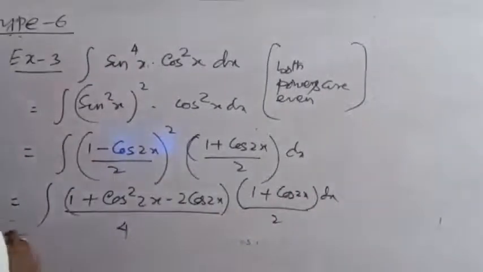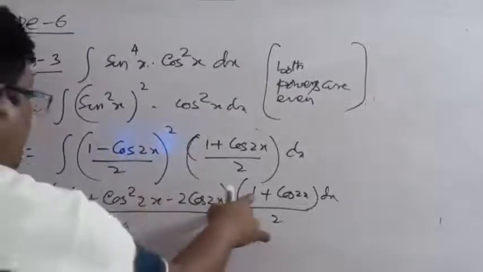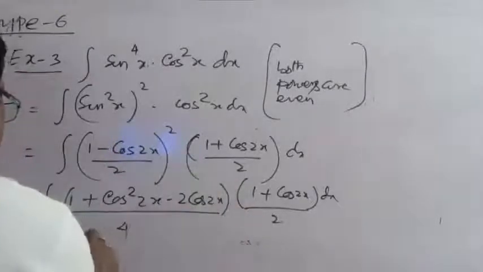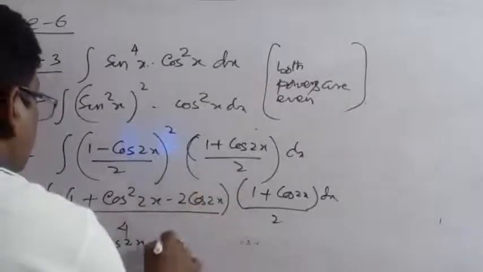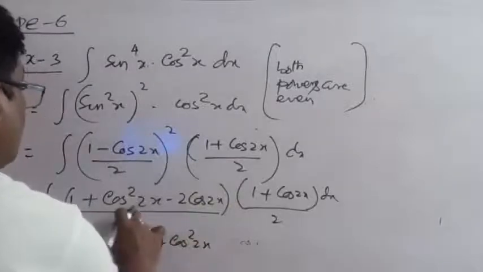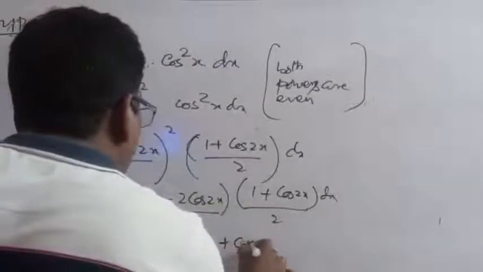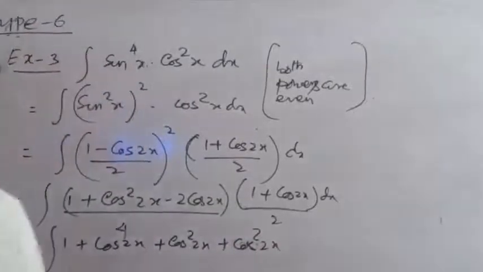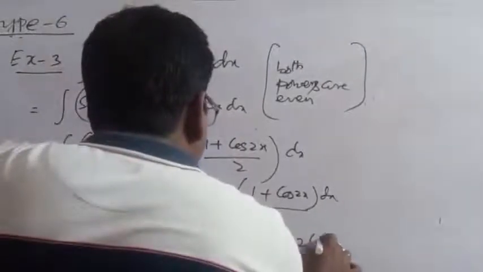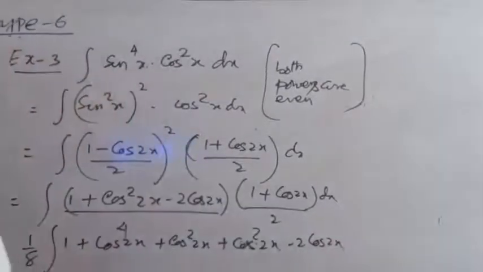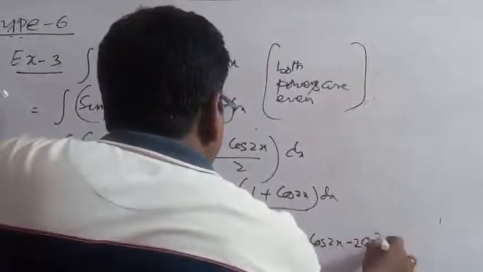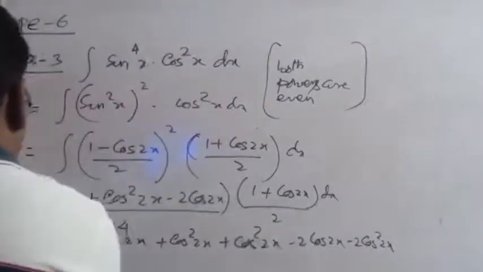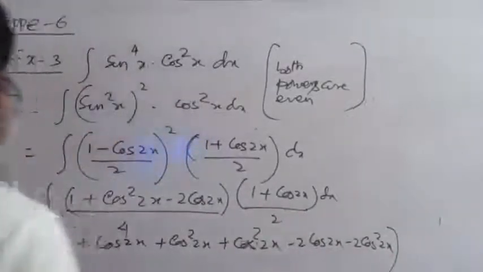So this is equal to 1 by 8 and multiply by (1 plus cos 2x), then cos square 2x plus cos cube 2x, then minus 2 cos 2x, and minus 2 cos square 2x. 4 into 2 is 8, so 1 by 8 taken common.